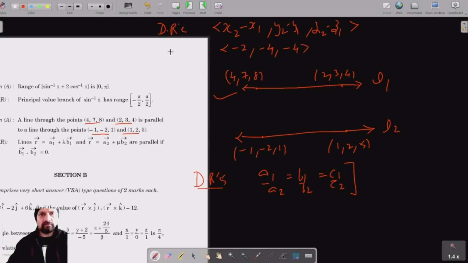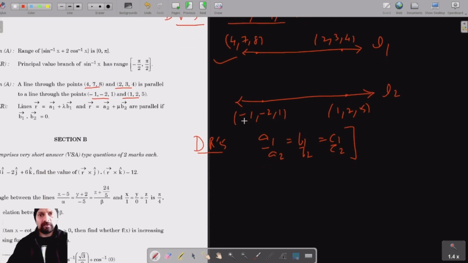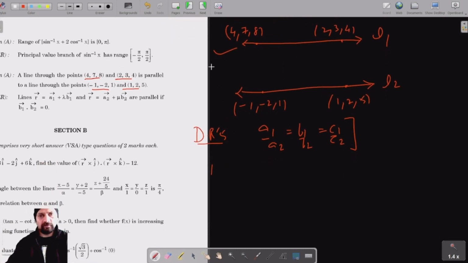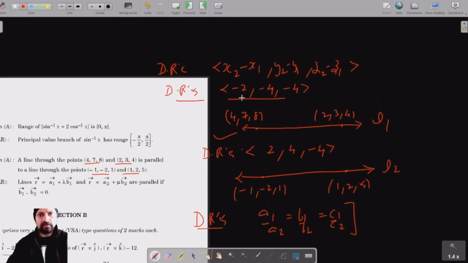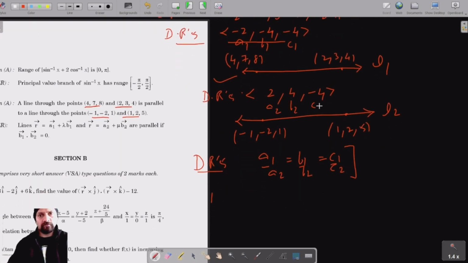Similarly, for line 2: 1 minus of -1 is 2, 2 minus of -2 is 4, 5 minus 1 is 4. So these are A1, B1, C1, and these are A2, B2, C2.